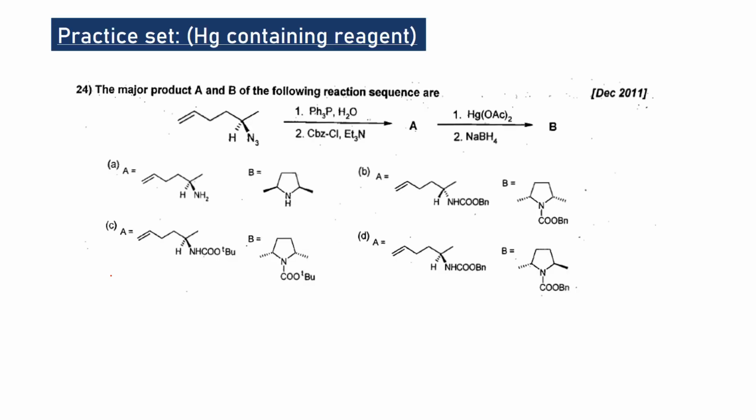Let's go to our next question. What will be the major product A and B of the following reaction sequence? So on this same concept, in the presence of PPh3, the azide will get reduced to form this NH2.